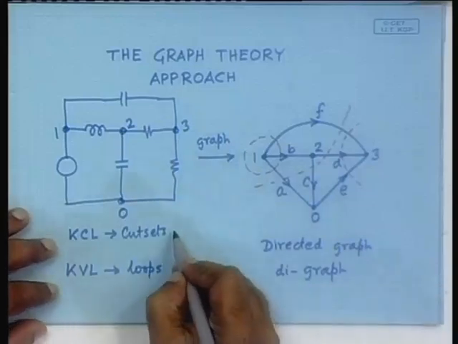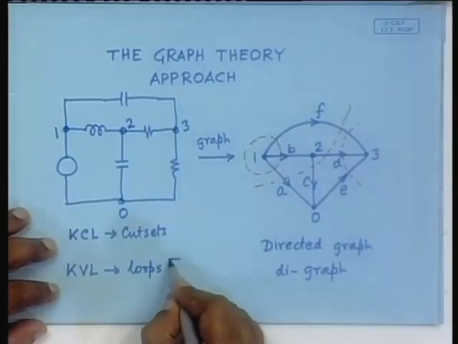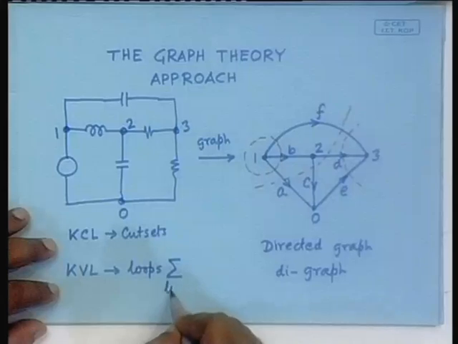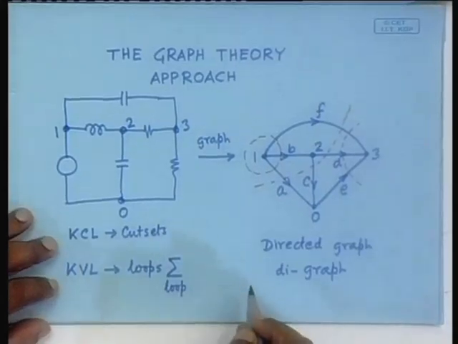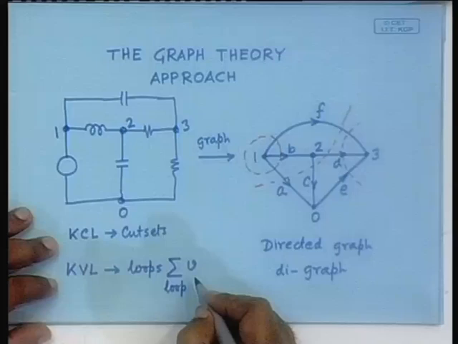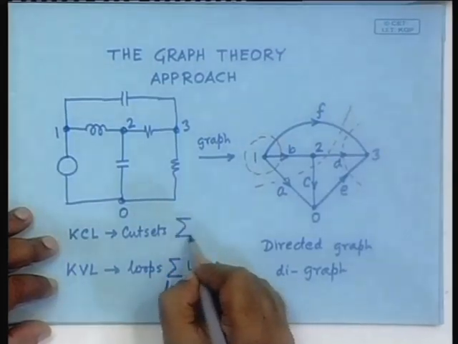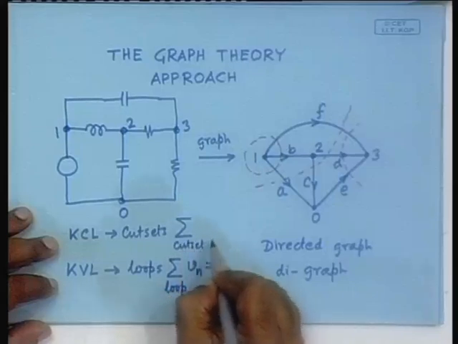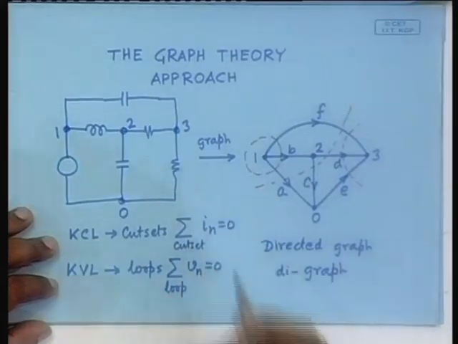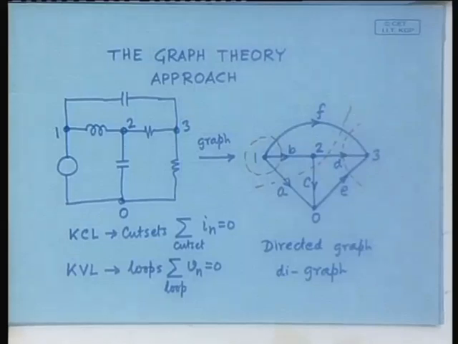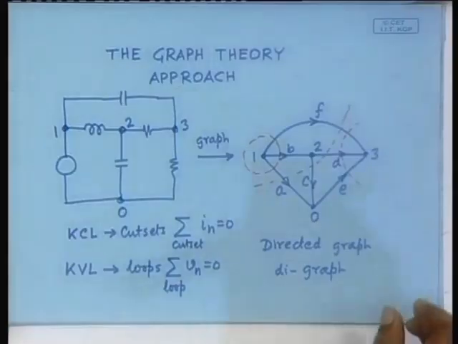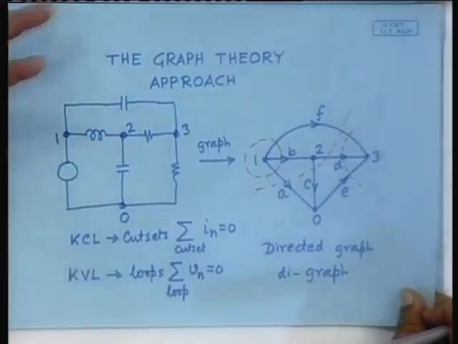So, this says that the sum over loop, Vn equal to 0, and this says sum over cut set In equal to 0. Okay. Fine. So, we are one step higher than where we were earlier, but now we need to define something more.